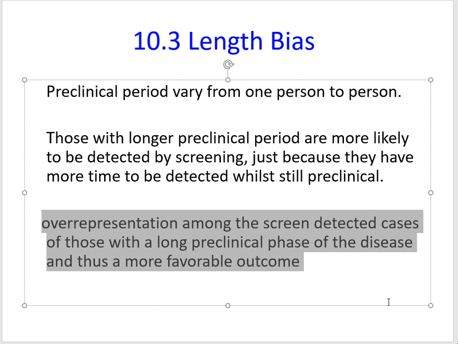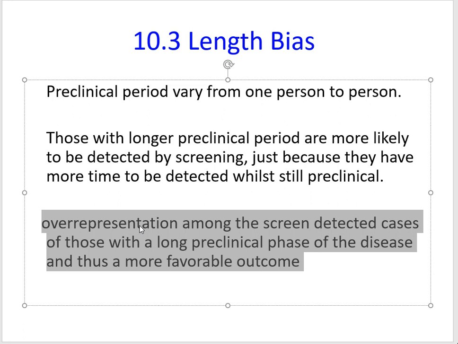Now, here's where the bias actually impacts your results. Those that have a long preclinical period tend also to have better prognosis.